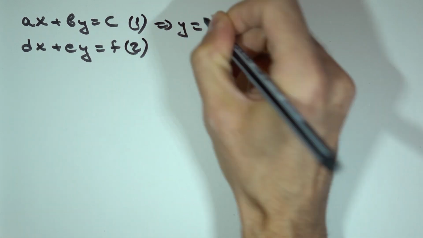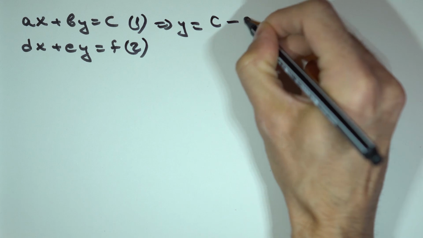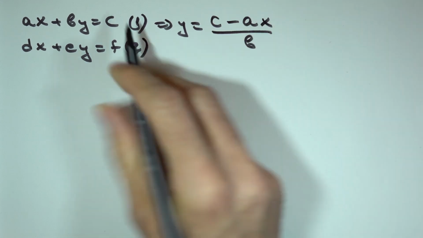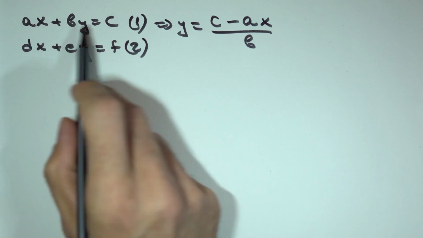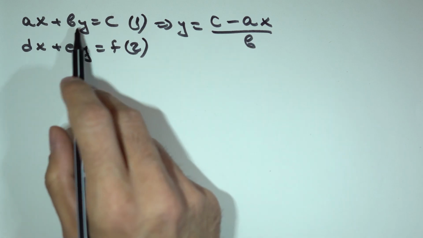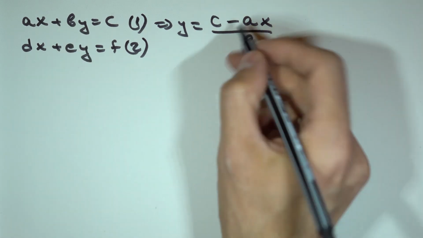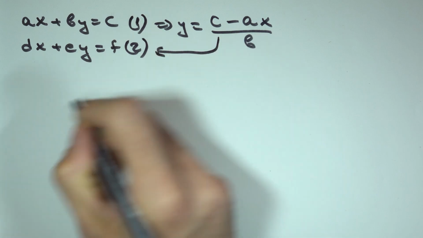And from equation number 1, it follows that y equals c minus ax over b. Right, c is already there, minus ax, and we have to divide by b to remove the coefficient in front of y. And with this, we go into the second equation.